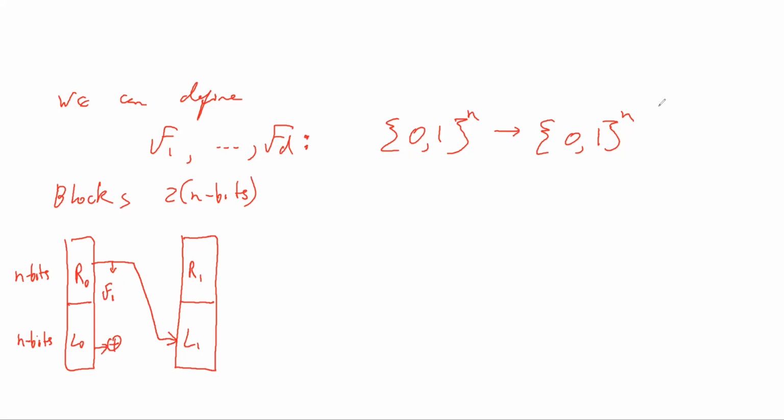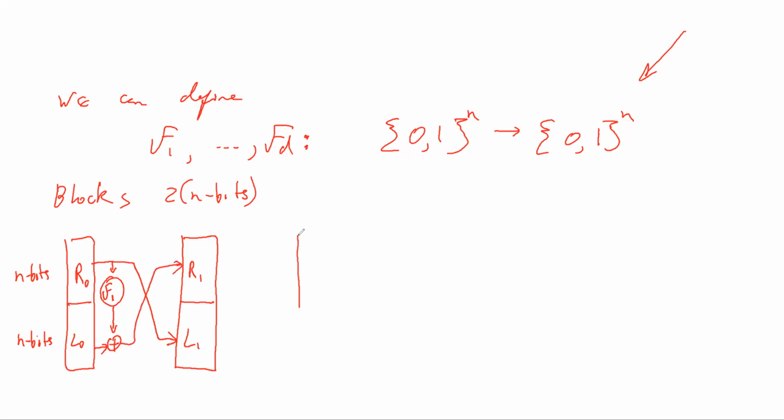That function is the one we just defined here, so we have to use some kind of scheme. This function F1 will convert R0 and give us a new version, mapping it to something else of the same size. We XOR these two, and that becomes R1.